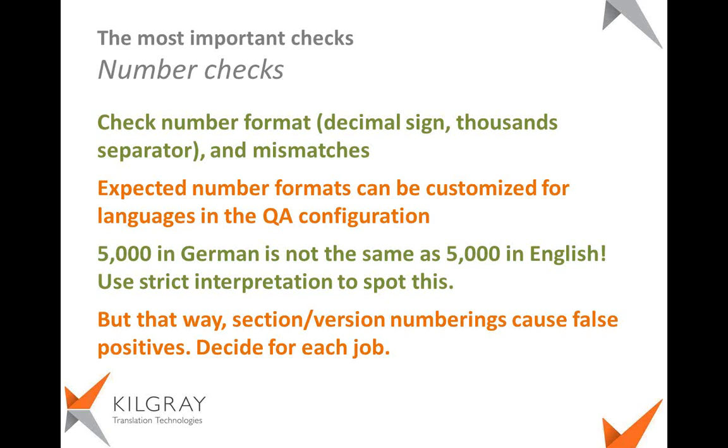And if the numbers predominantly come from these parts of text, it's best turning those checks off, because otherwise you will indeed get a lot of false positives. So this is about numbers.